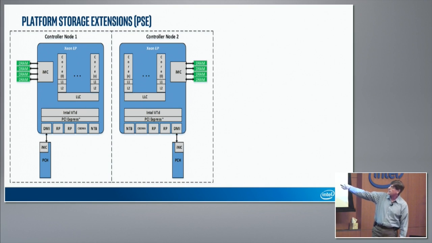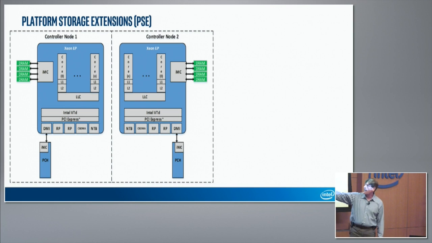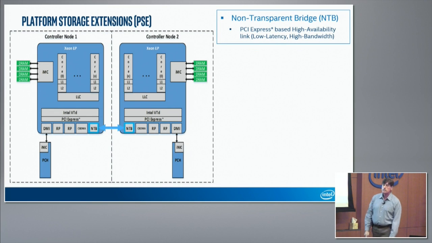But before I do that, I want to get you accustomed to a traditional enterprise storage box. Generally, I'll have 2 active controller nodes, and they'll sit in the same chassis. And then they'll run dual active-active failover. So kind of like a cluster in a chassis, okay, in the same chassis. And one of the things to facilitate that is that we've integrated a non-transparent bridge into our processors.